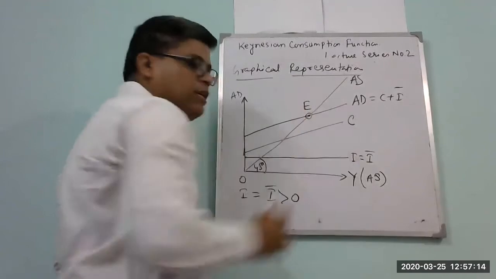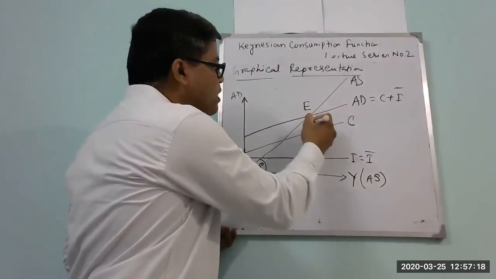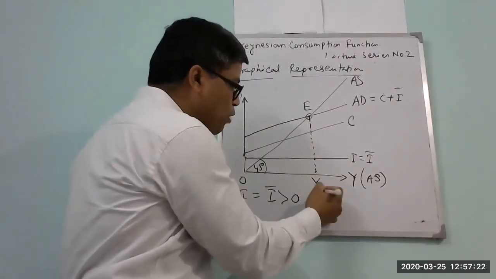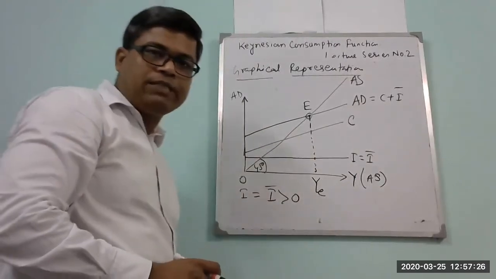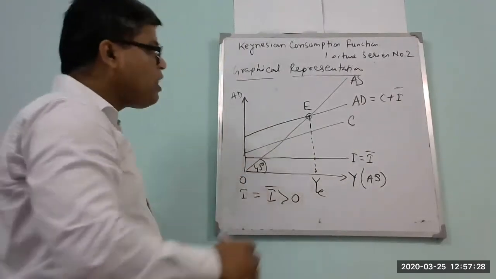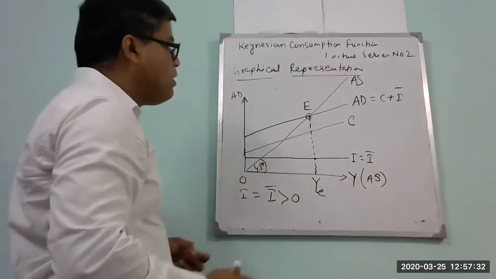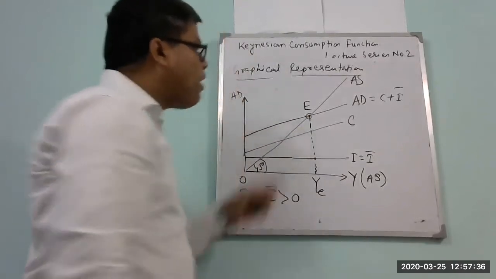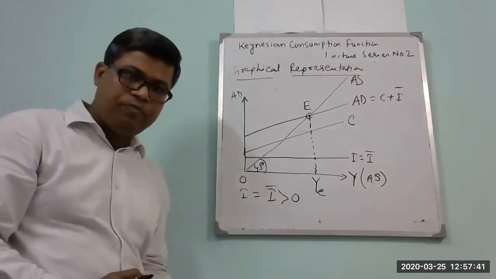So this is the equilibrium point, E. Then the equilibrium level of national income will be YE. And now we need to explain another part of this graphical representation, that is the stability analysis.